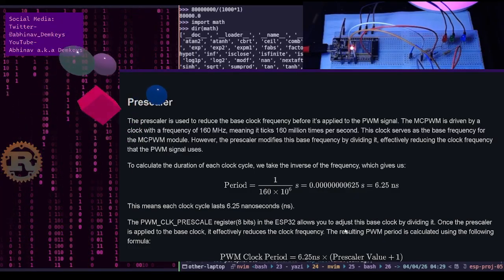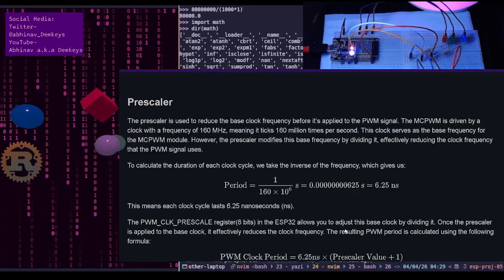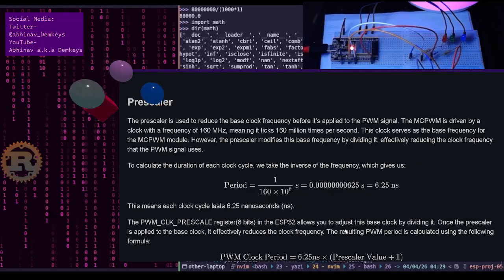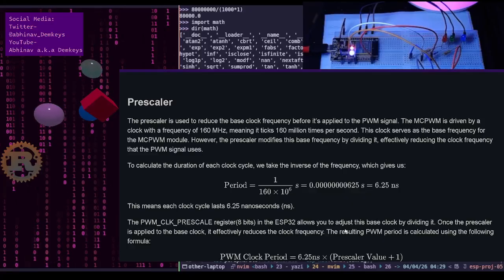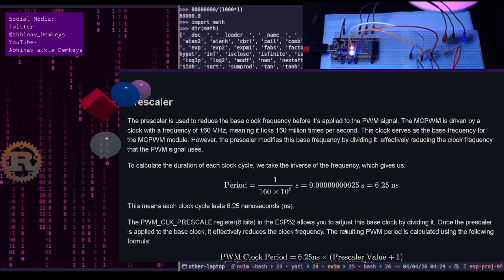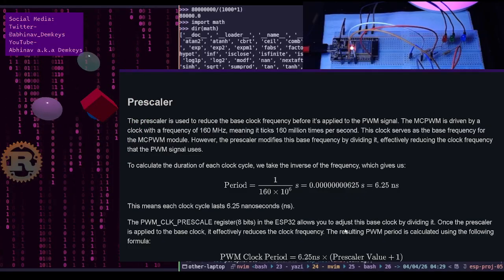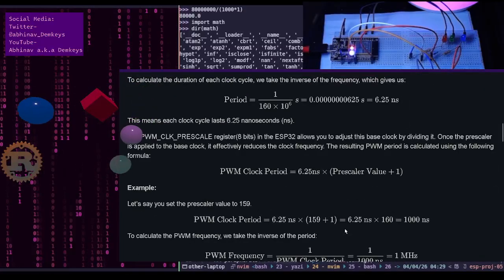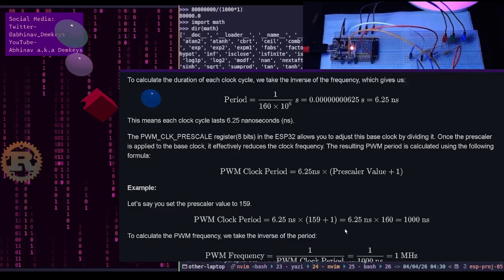To calculate the duration of each clock cycle, we take the inverse of the frequency, which gives us the period. This means each clock cycle lasts 6.25 nanoseconds.